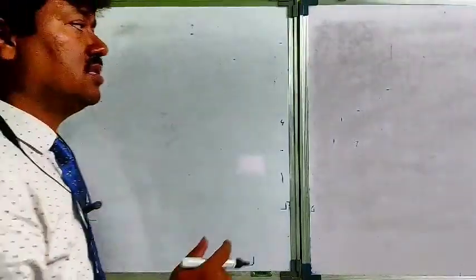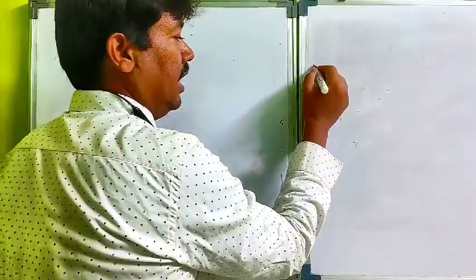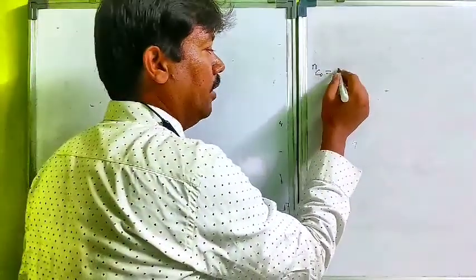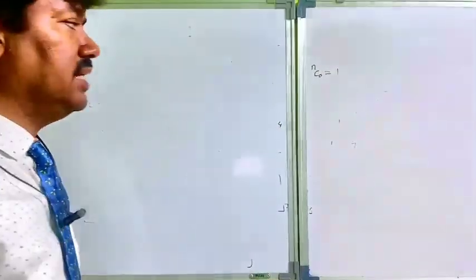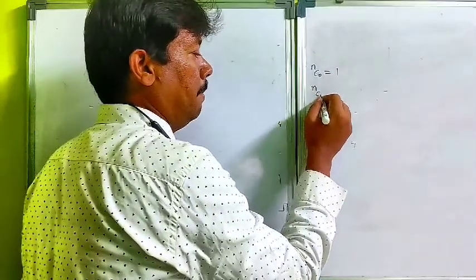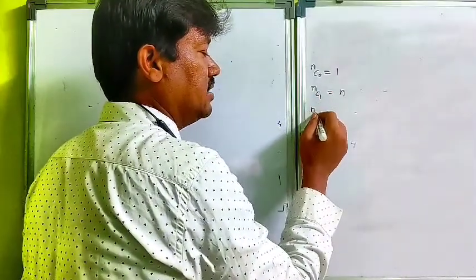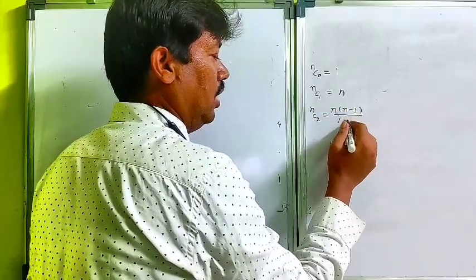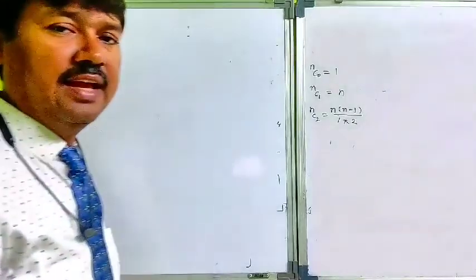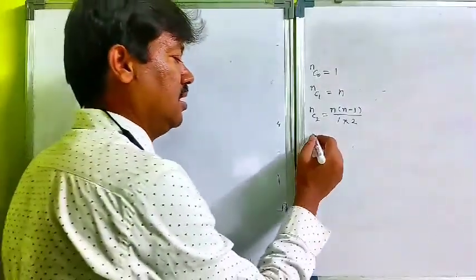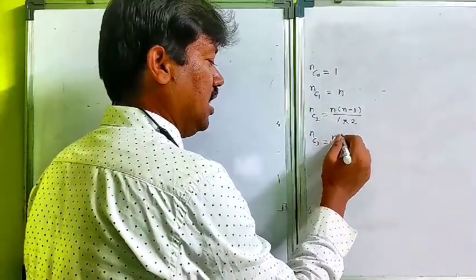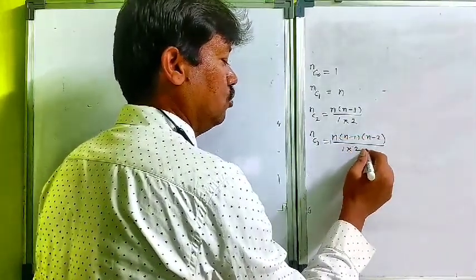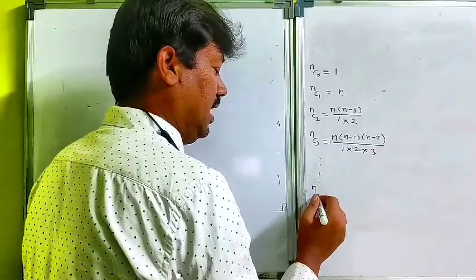Remember that NC0 is always equal to 1. NC1 is n. NC2 is n into n minus 1 upon 1 into 2, that is 2 factorial. Generalized, NC3 is n, n minus 1, n minus 2 upon 1, 2, 3. So what is the formula?